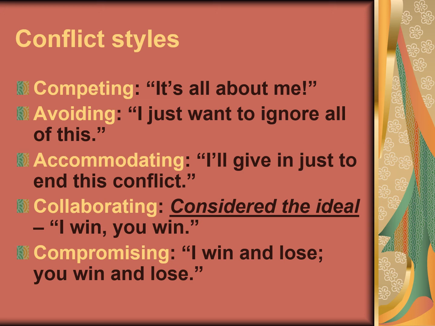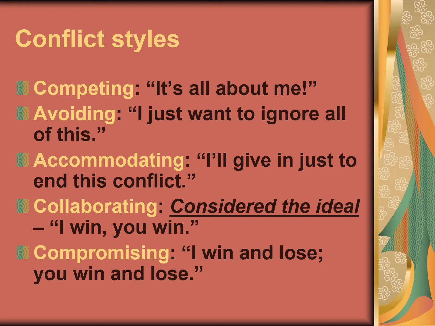This is basically, you could describe it as the "it's all about me" style. This is the someone wins and someone loses style. There's a right way and a wrong way, competing. This is sometimes appropriate. It might particularly be appropriate if an agreement has been made on how you're going to deal with a situation beforehand between the two of you.